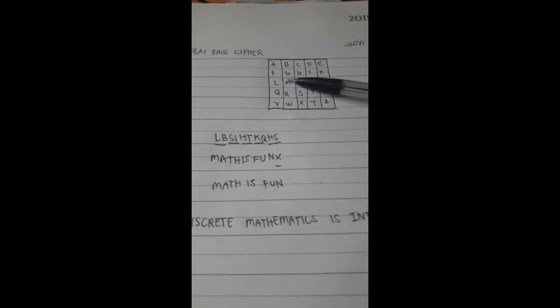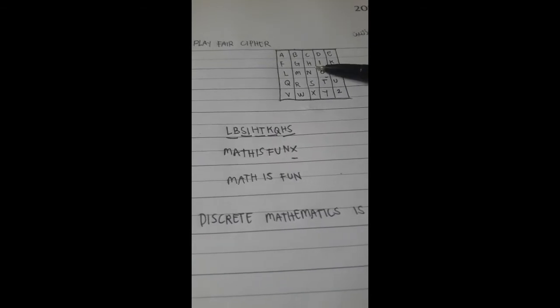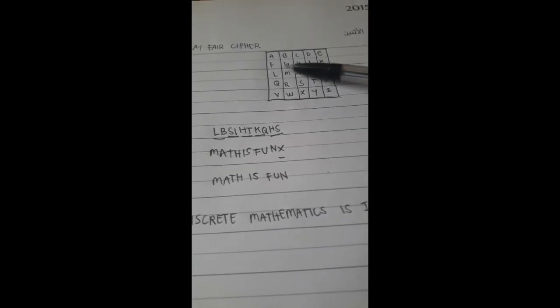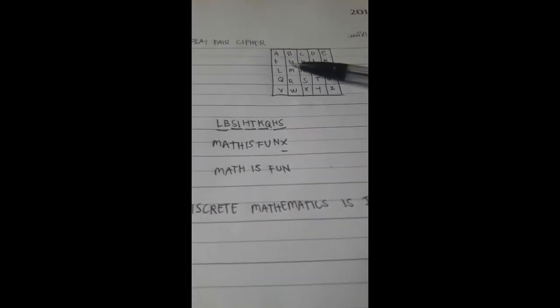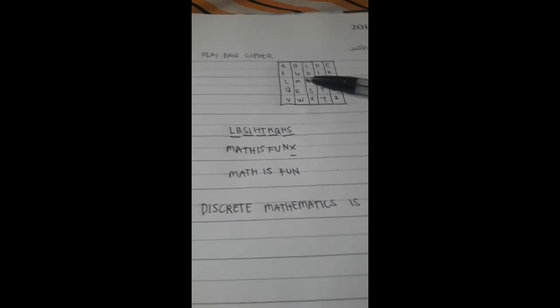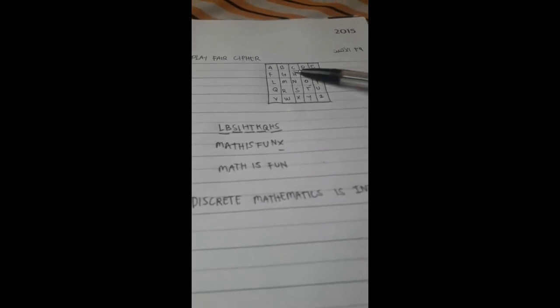The rule for encrypting is the opposite of decrypting. If our two letters are in the same row, instead of going right, we go to the left. For G the value becomes F, and for I it becomes H. If they are in the same column, instead of going down, we go up. And if the pair forms four sides, it is still the same: the opposite corner becomes the value.